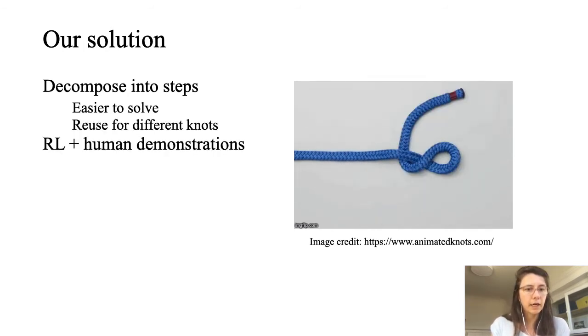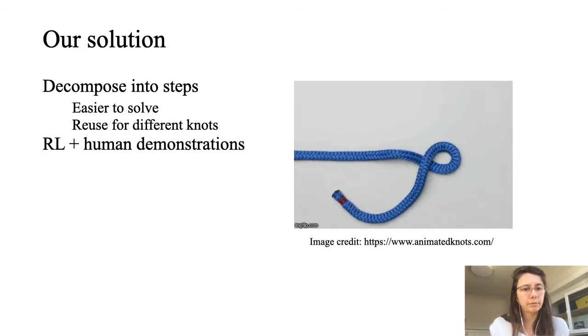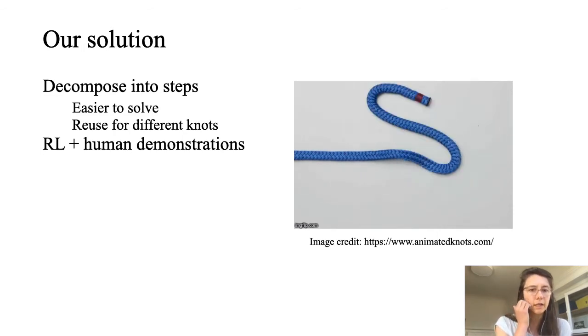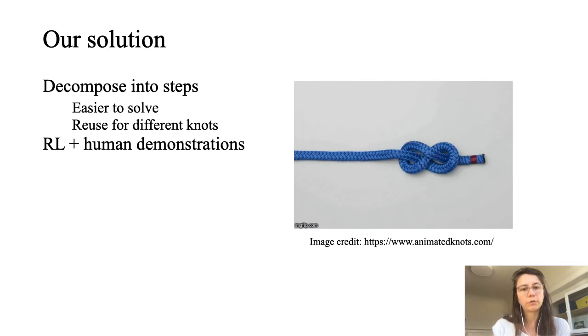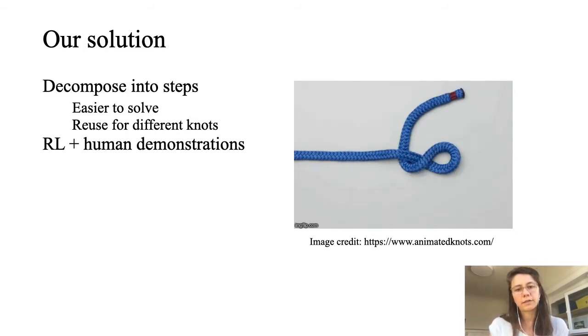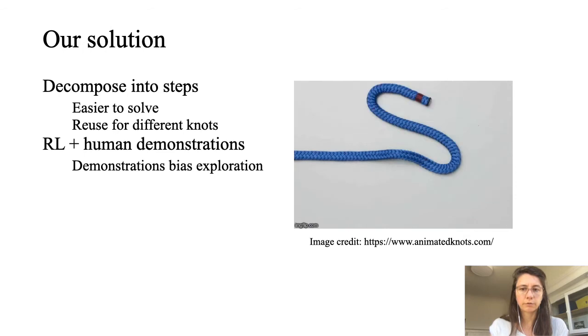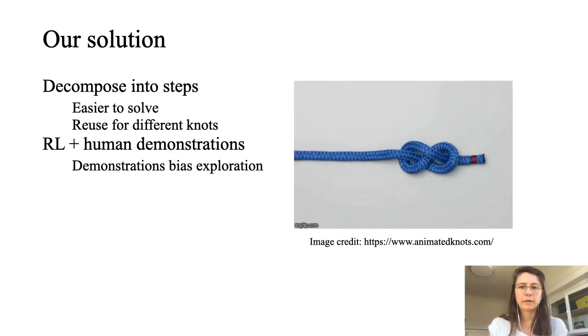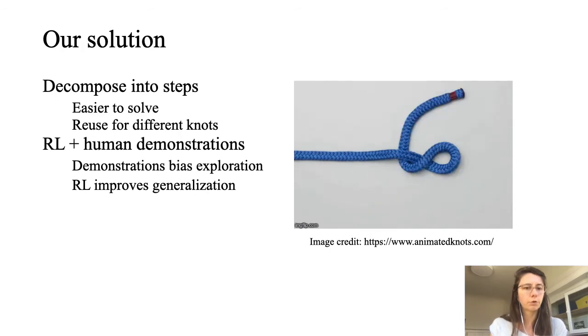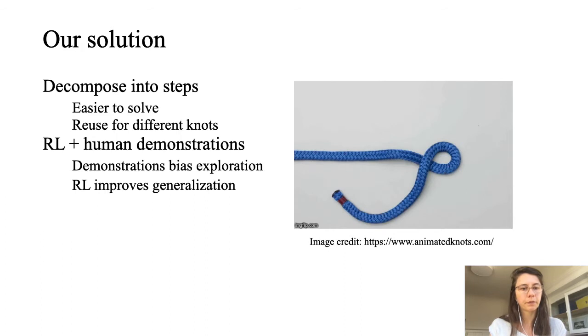Then we learn probabilistic motion policies for each step using reinforcement learning and imitation learning. Initializing the motion policies by imitating demonstrations helps bias exploration of reinforcement learning. And reinforcement learning allows unsupervised interaction on more diverse rope configurations and improves generalization on top of imitation learning.